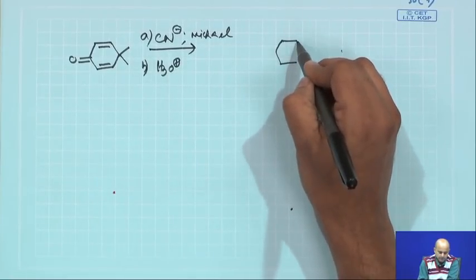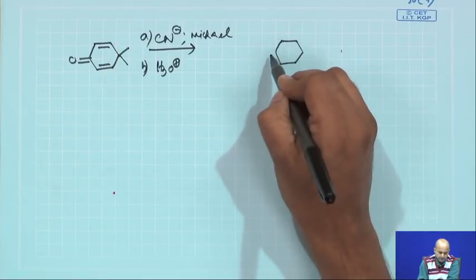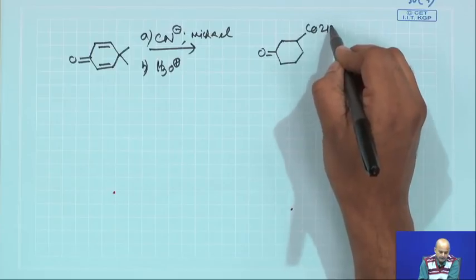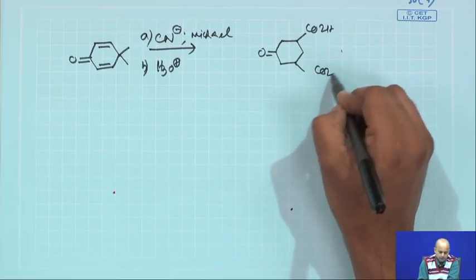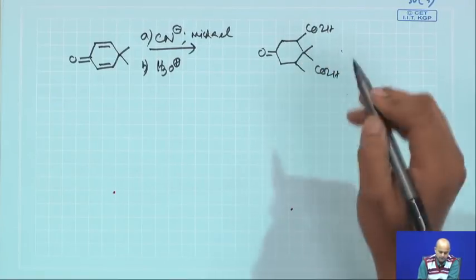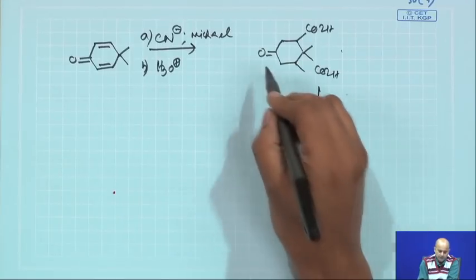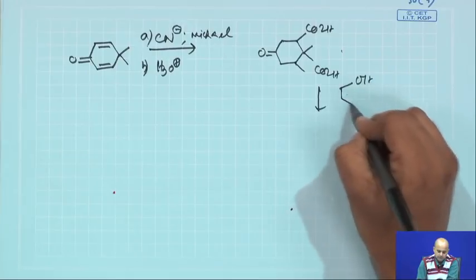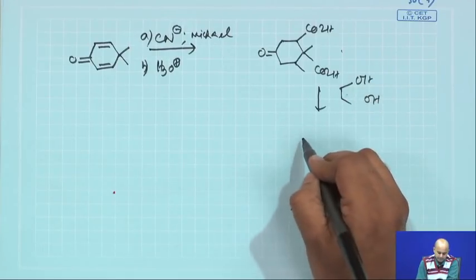So, after this, you basically get this CO2H, these things. You now protect this carbonyl compound with ethylene glycol. Okay.